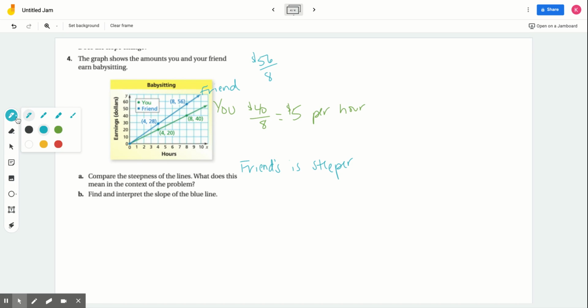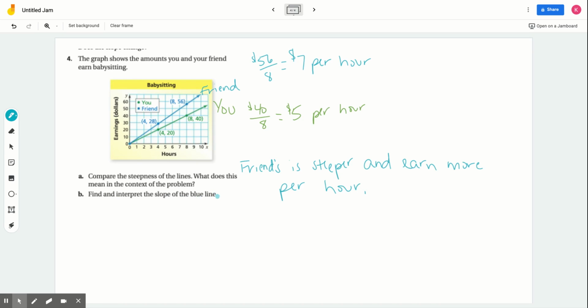And we should know that $56 in 8 hours is a rate of $7 per hour. So what does it tell us when our friend's line is steeper? In the context of this problem, it means that the friend earns more per hour. So the friend's line is steeper and they earn more per hour. That's what that's telling us in this problem.